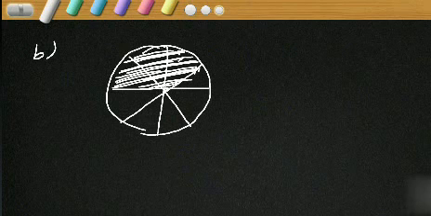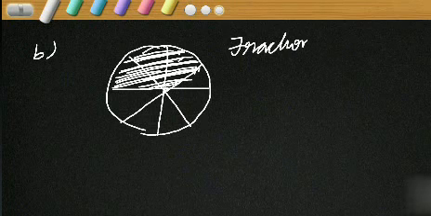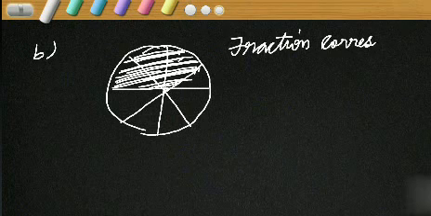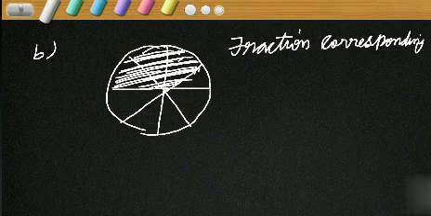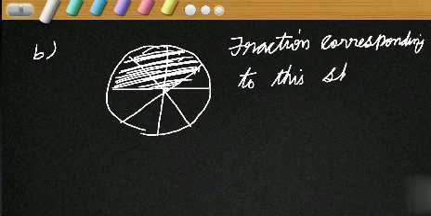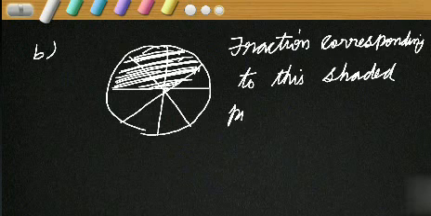Okay, write down: fraction corresponding to this shaded portion is what?